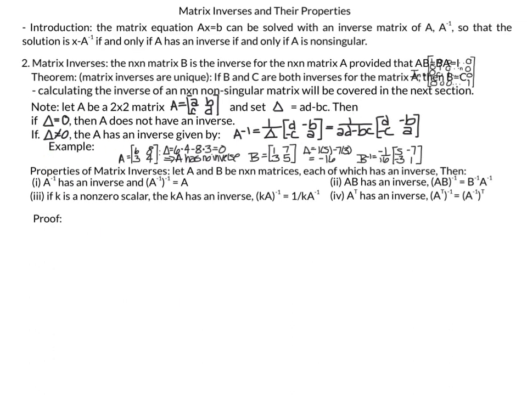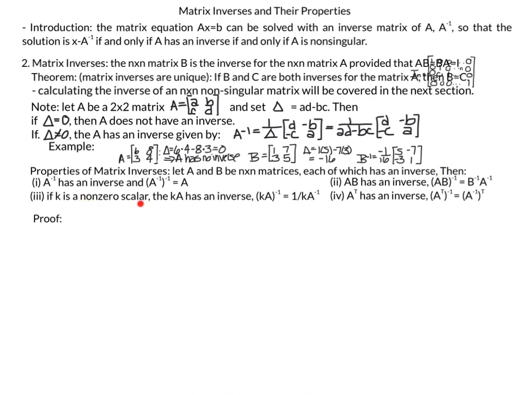Next, we have properties of matrix inverse. So if A and B are n by n matrices, each of which has an inverse, then A inverse has an inverse, and the inverse of A inverse is just equal to A, kind of what you would expect. AB has an inverse, and (AB) inverse is equal to B inverse times A inverse. And this proof is interesting, and it comes out kind of nicely.